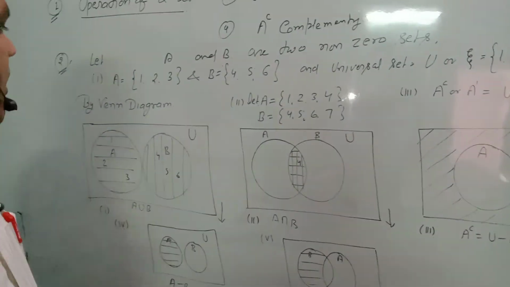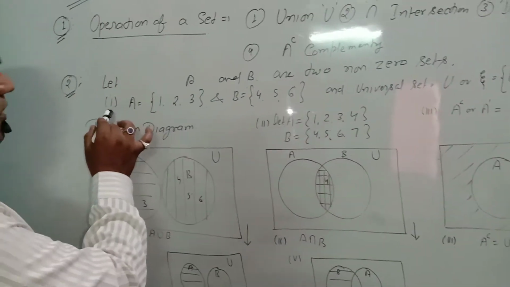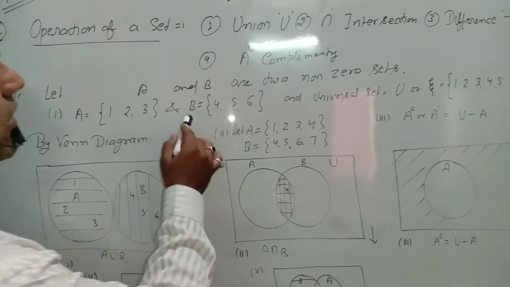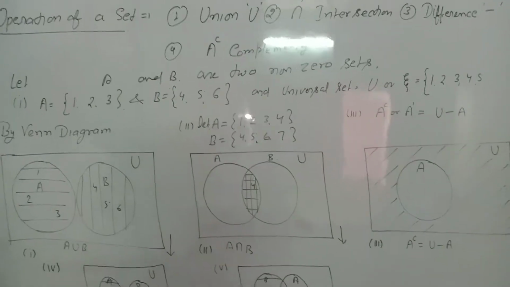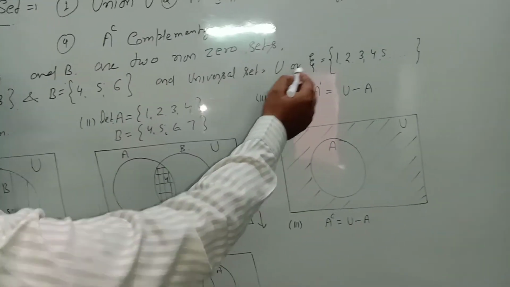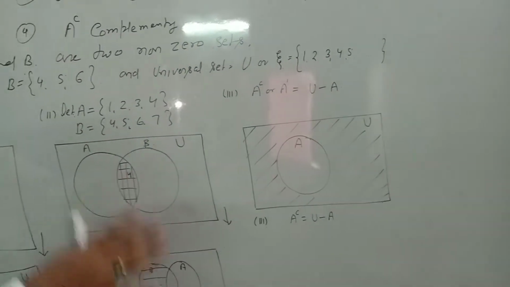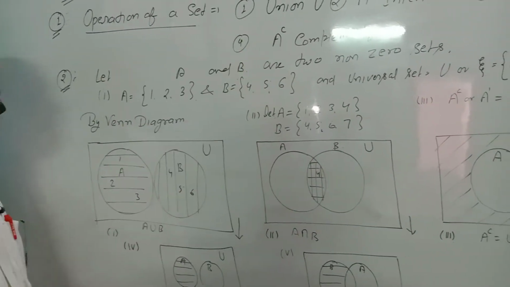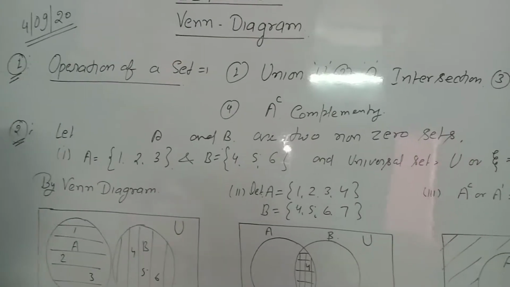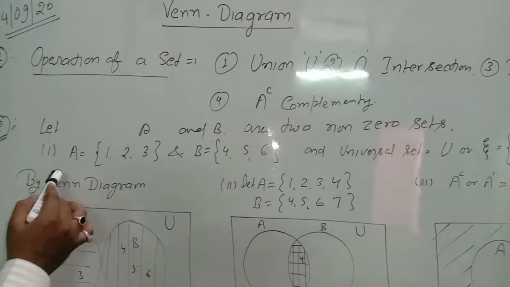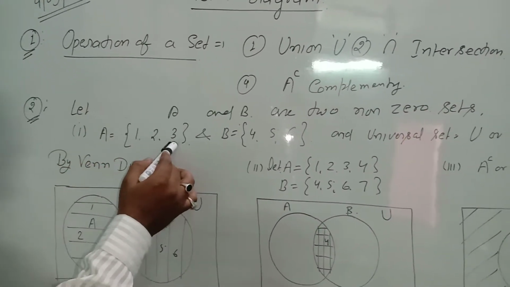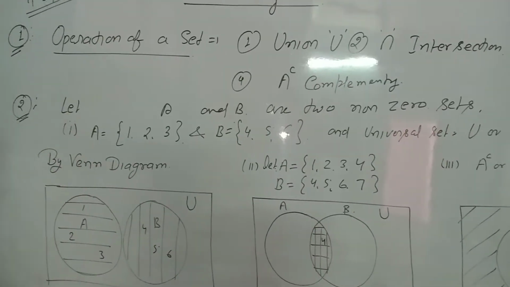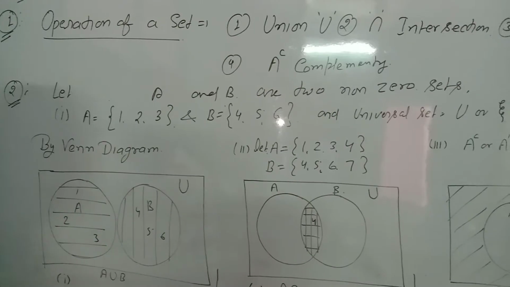Okay. Next, the first question: set A is 1, 2, 3 and set B is 4, 5, 6. This is an example, and the universal set is 1, 2, 3, 4 and so on. The first operation is union. In both sets, no element is common.